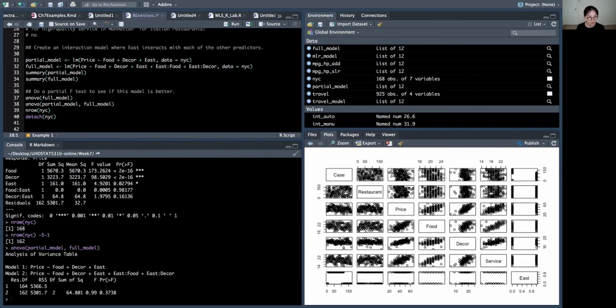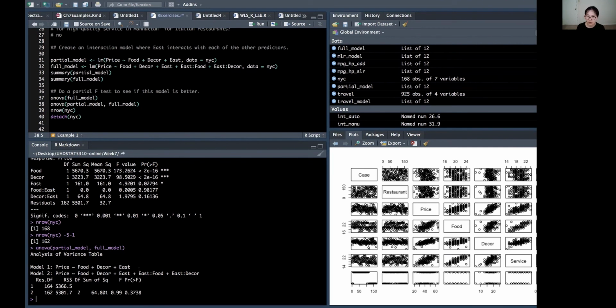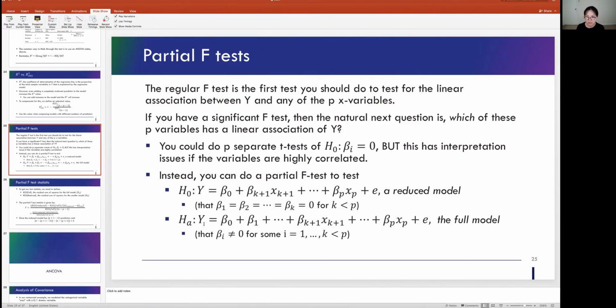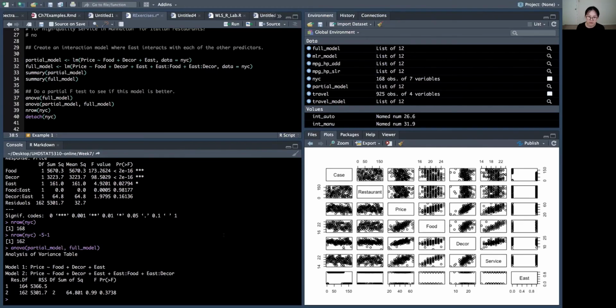We got a p-value which is greater than 0.05, if our significance level is 0.05, the 95% level. So we fail to reject our null hypothesis. That means the reduced model is better. The null hypothesis supports the reduced, smaller model.